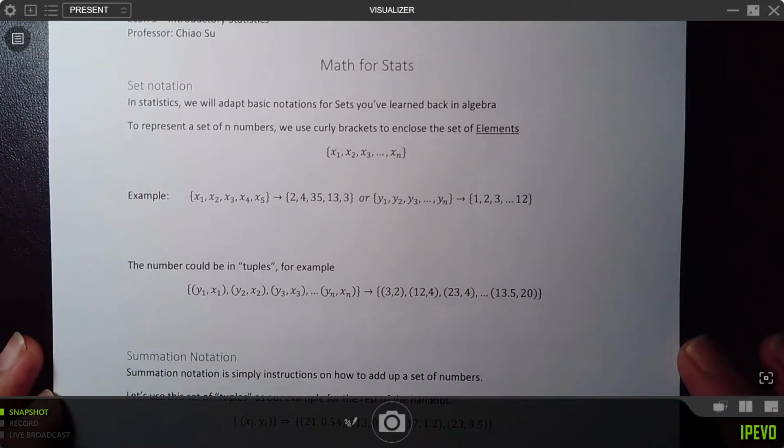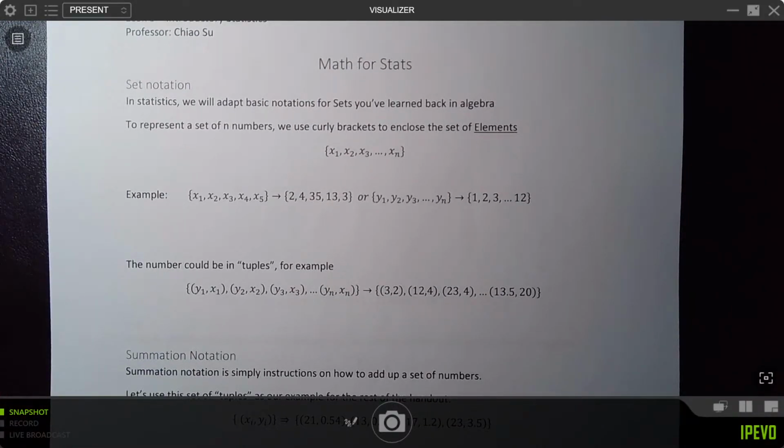What I want you to take away from this handout is that these are some, not all, of the math concepts that we will be using. Most of it is just going to be language based, mostly terminology.